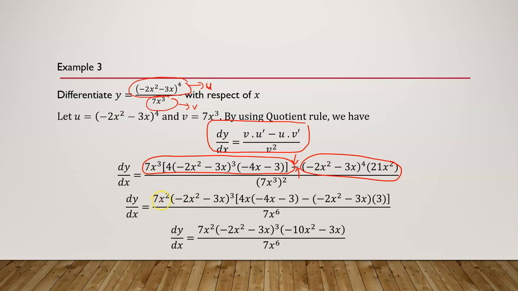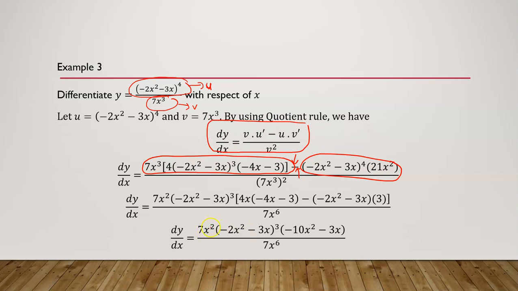So we can take out 7x squared, multiply with (negative 2x squared minus 3x) cubed. And then when you factor out, you are left with only 4 (negative 4x minus 3) minus (negative 2x squared minus 3x) multiplied by 3. And then we simplify.